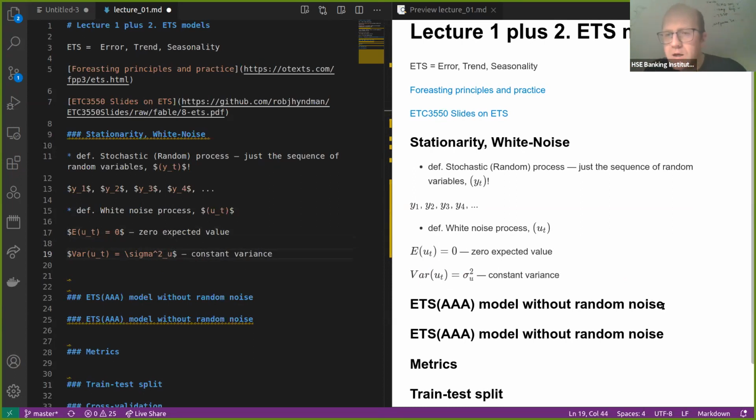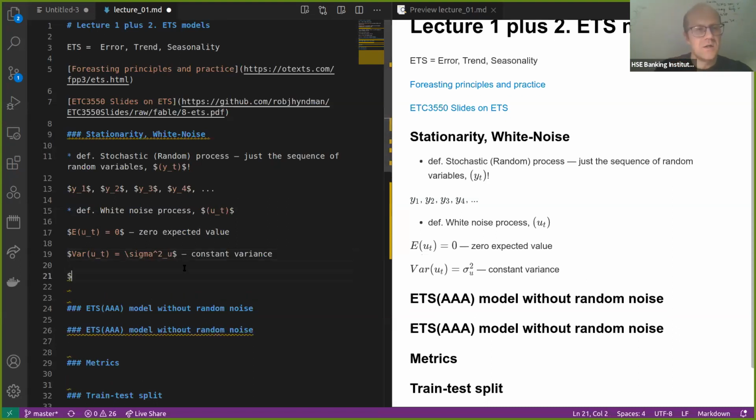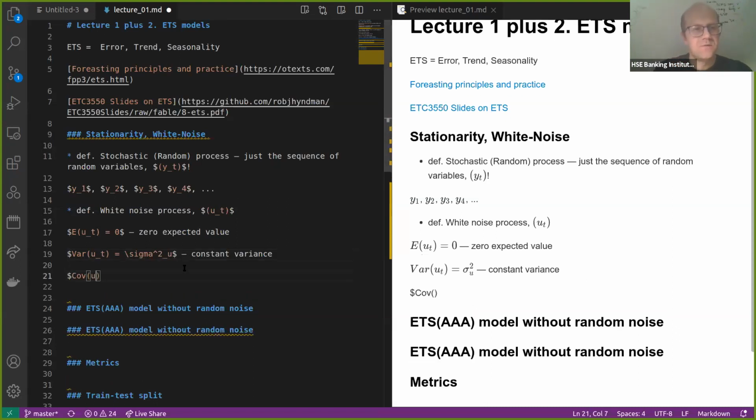And as one of the comments mentioned, I think it was Nikita, Nikita is right. Nikita said that the covariance of Ut and Us should be 0, or correlation. That doesn't matter. Covariance is proportional to correlation.